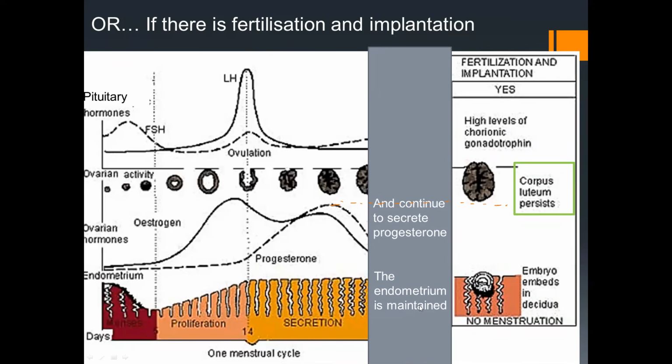And now within the endometrium, you would have the blastocyst, which would have implanted therein, and it would start to get nutrition from the endometrium. So the gestation or pregnancy would have started by now. And there would be no menstruation if there is pregnancy because the endometrium is being maintained.